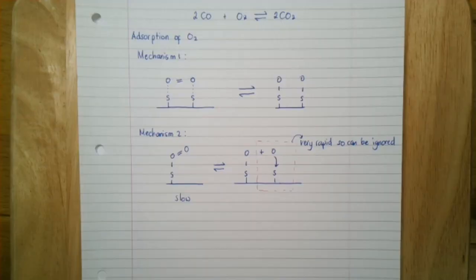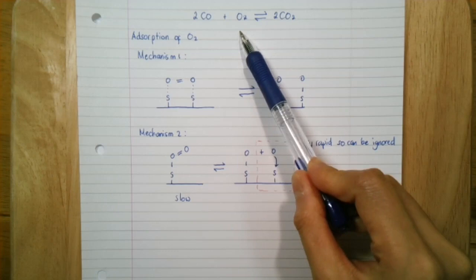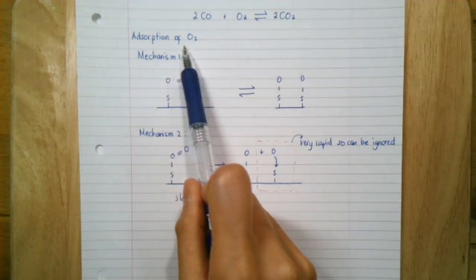I chose to give you this example to illustrate some points that you can have several possible mechanisms. For example, when you have a diatomic molecule like O2 here, several things can happen, and here are two possible mechanisms for adsorption of O2.